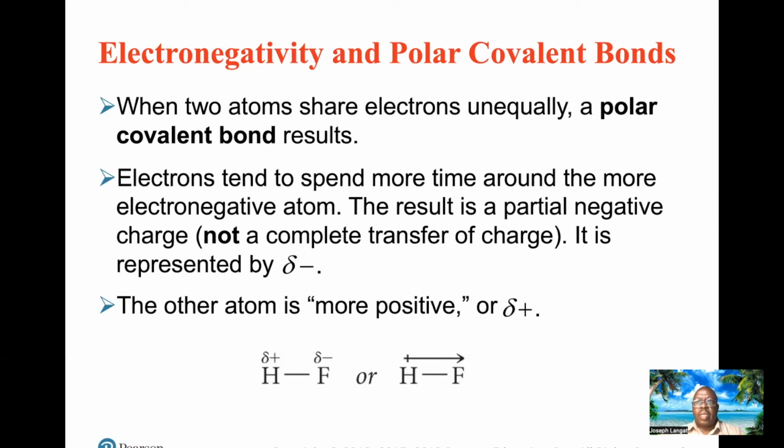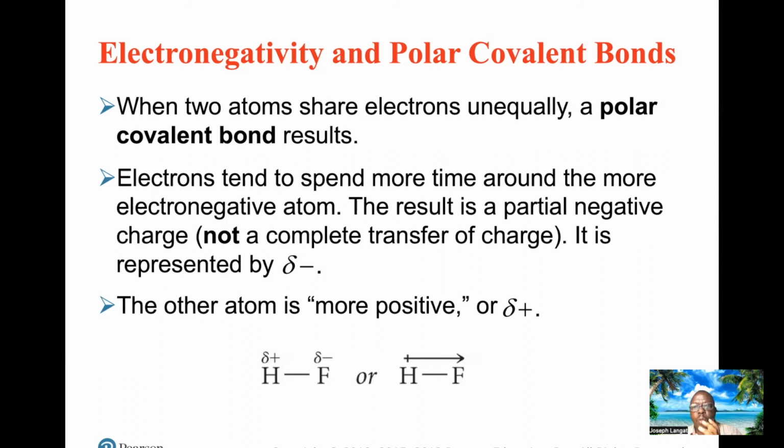Now, electronegativity and polar bonds. When we say polar covalent bond, that means a covalent bond where electron density is high in one portion of the bond. It does not mean that when you have a covalent bond, electrons are shared equally.